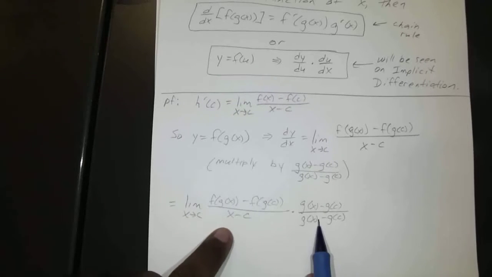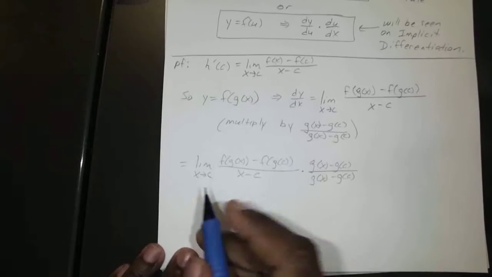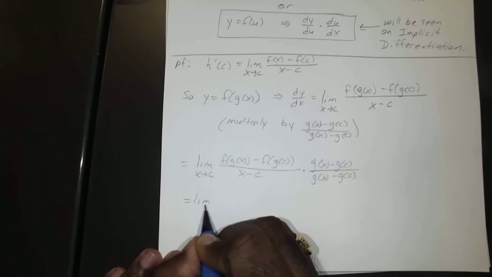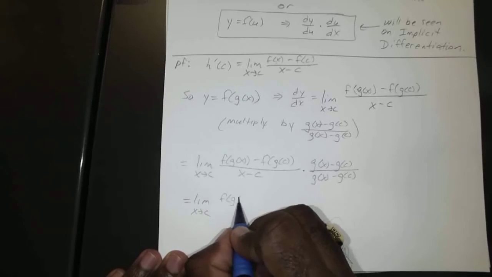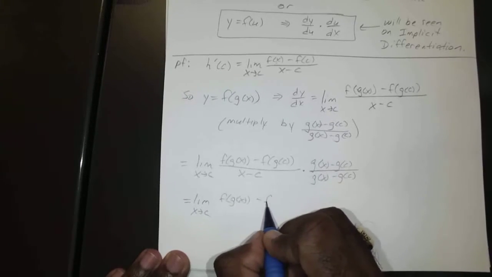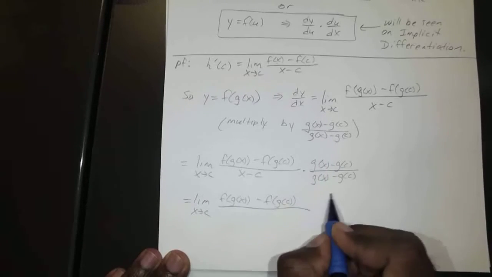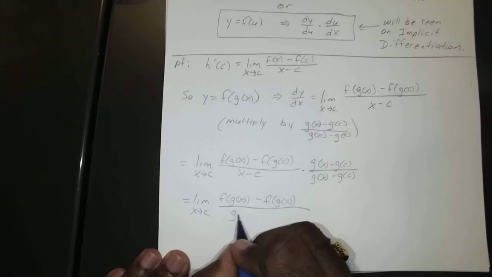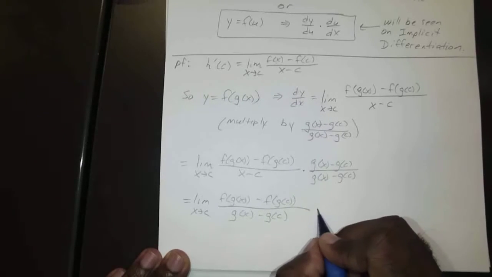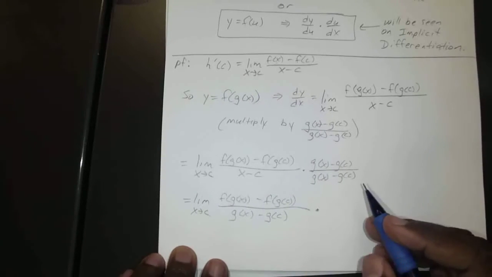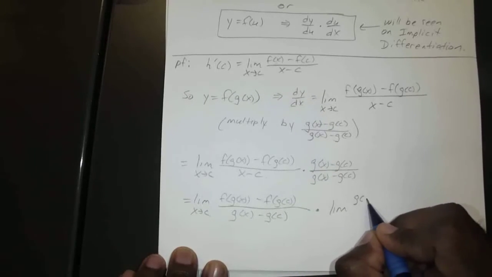Okay, so now we're just going to swap these two. So f of g of x minus f of g of c all over g of x minus g of c times, now we're going to have the limit of g of x.